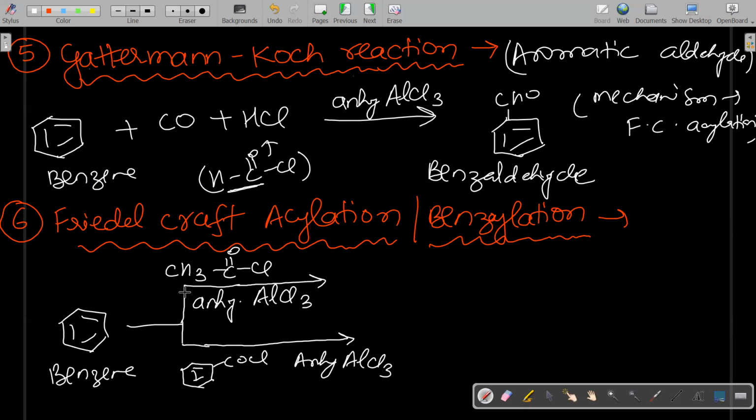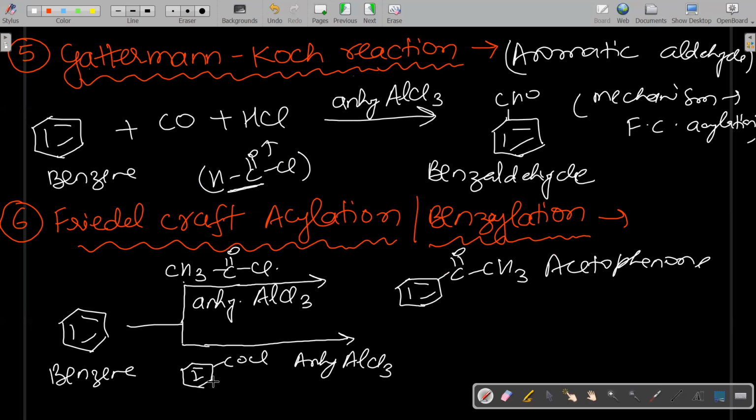Benzene reacts with an acyl halide, for example acetyl chloride, CH3COCl, in the presence of anhydrous AlCl3 to form the product where the acetyl group comes on the benzene, which is called acetophenone.